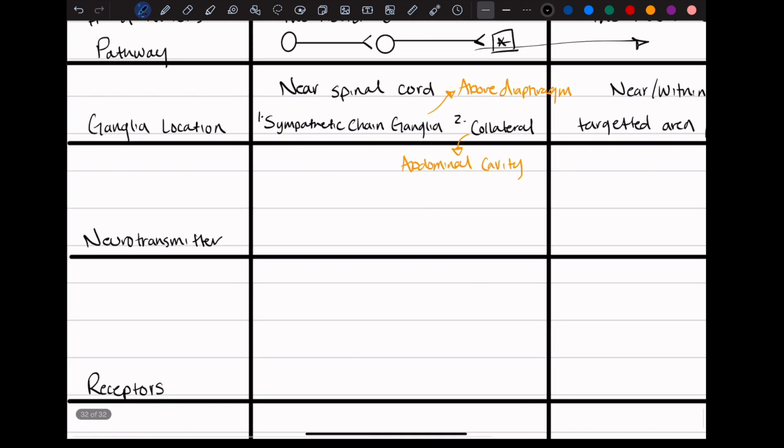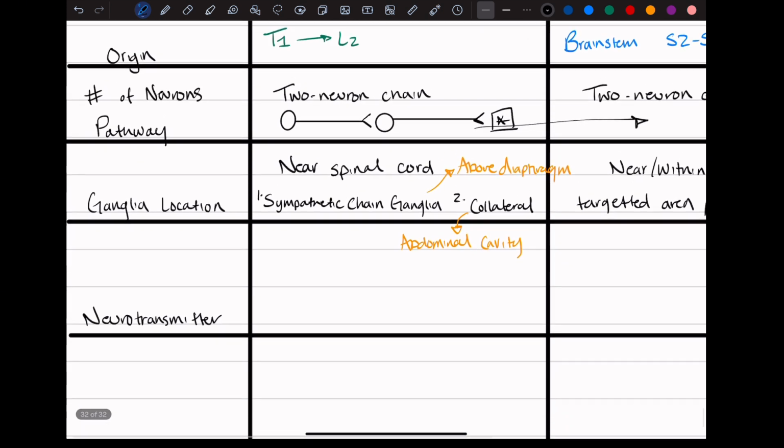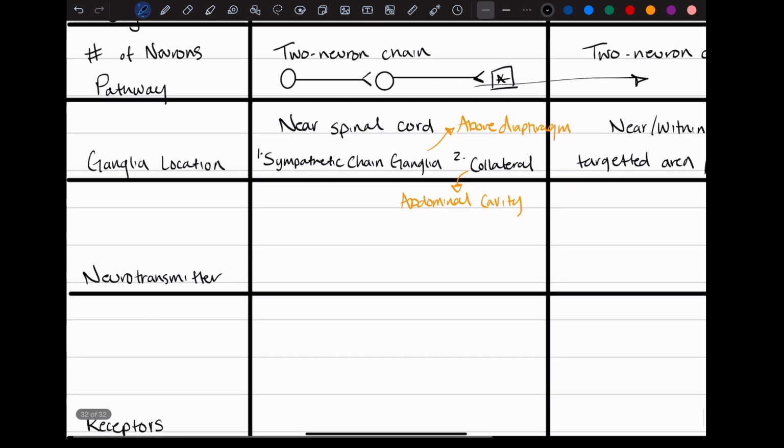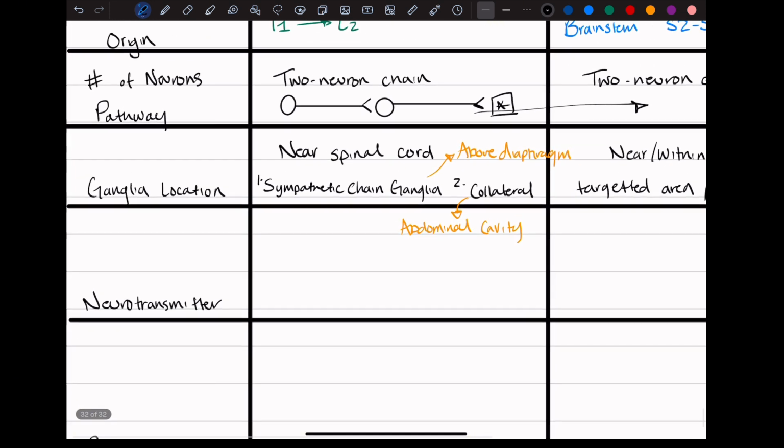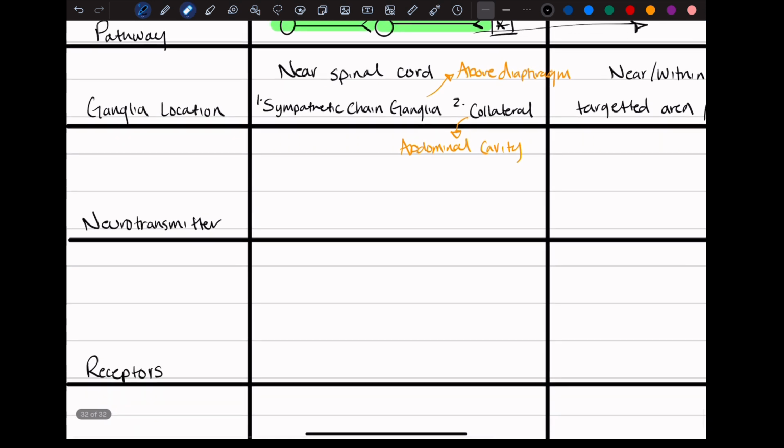Okay. Now let's talk about the neurotransmitters associated with each of these divisions. We're going to have two in our sympathetic and parasympathetic. One will be preganglionic, which would be in this ganglion, this neuron, and the second is going to be post.